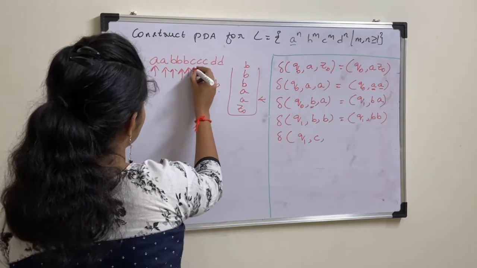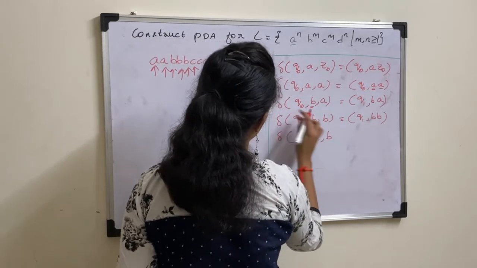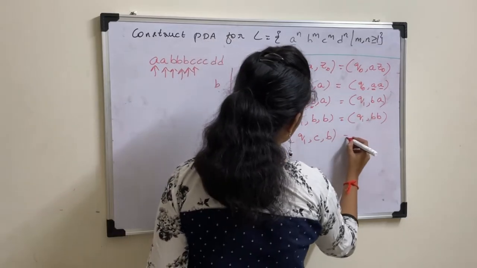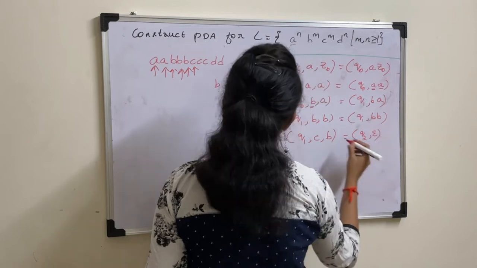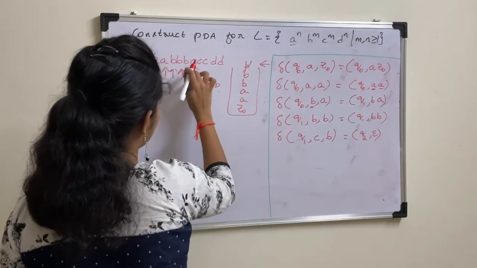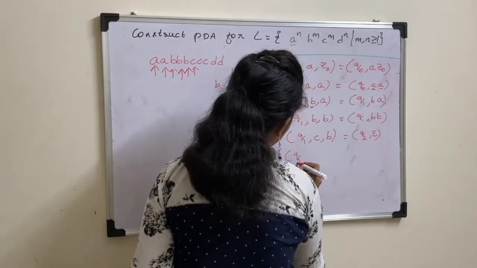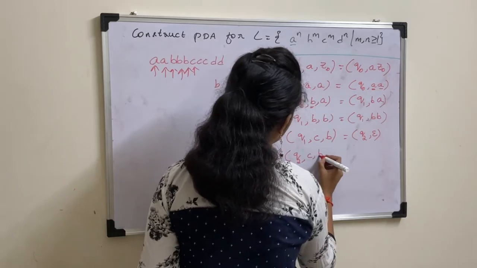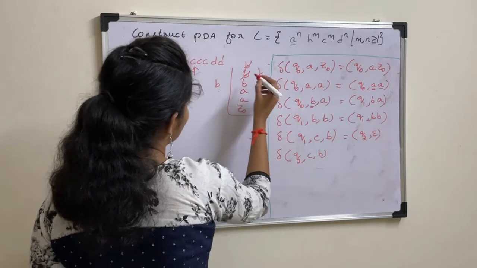If the input symbol is C and the top of the stack is B, then pop. So change state and pop this B for the C. Next, the input symbol is C, the top of the stack is B, so pop this B again.